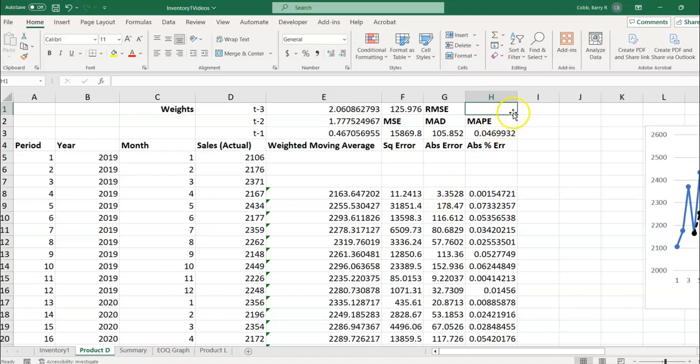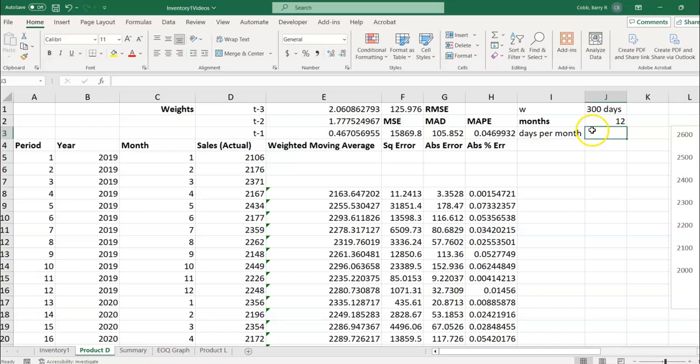And so in this data set, we're assuming that the working days per year is 300, and because there are 12 months, what we're really also assuming is just that there are 300 divided by 12, or 25 days per month, approximately.